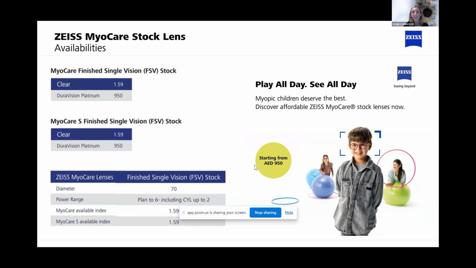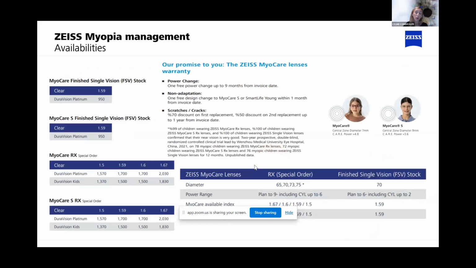So here, starting from 950 dirhams, you can have 1.59 DuraVision Platinum Myocare lenses. It's from plano to -6 with a cylinder up to 2 included. Their diameter is 70. We still have a huge range of lenses, and we now have the 1.67, which is available and that you can already order.